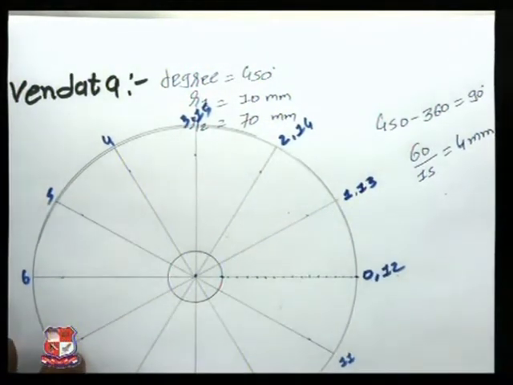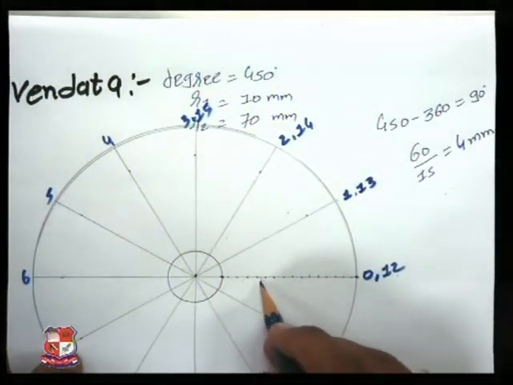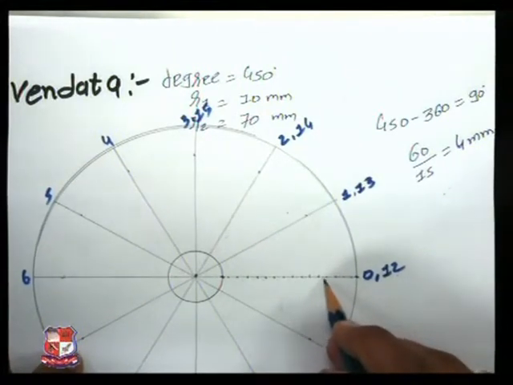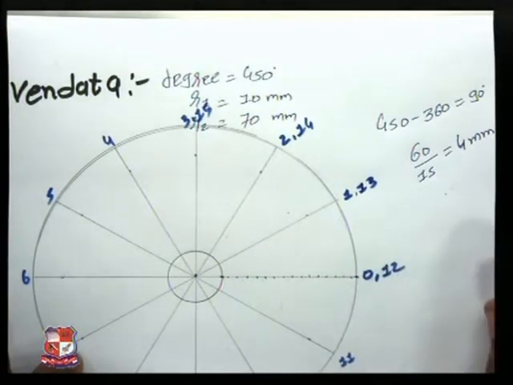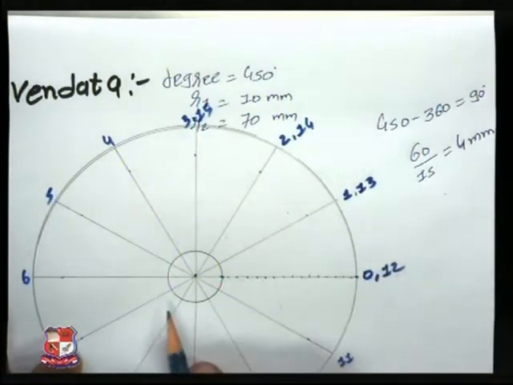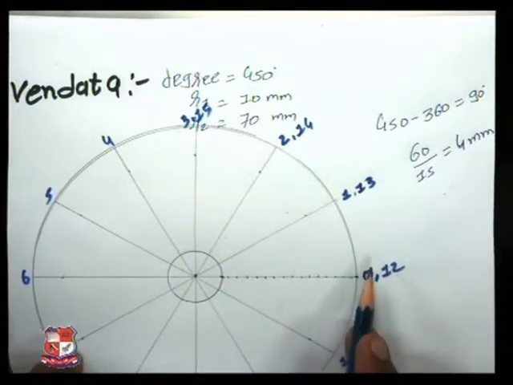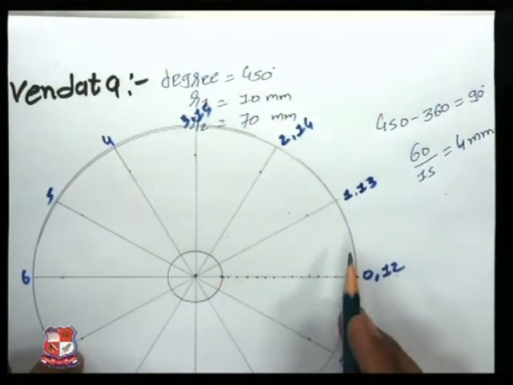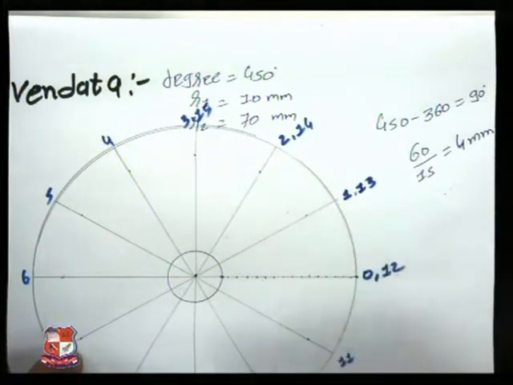Count the parts, not the points. 1, 2, 3, 4, 5, 6, 7, 8, 9, 10, 11, 12, 13, 14 and 15. Make sure that you are counting the parts, not the points, as many of you make the mistake in this area and it finally leads to the wrong Archimedean spiral.